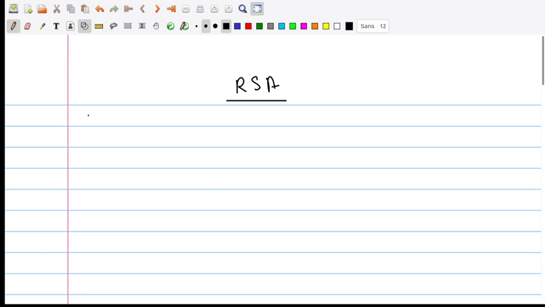Before I go ahead and explain RSA, let us understand something known as Euler's Totient function, because this is something which we will be using here.